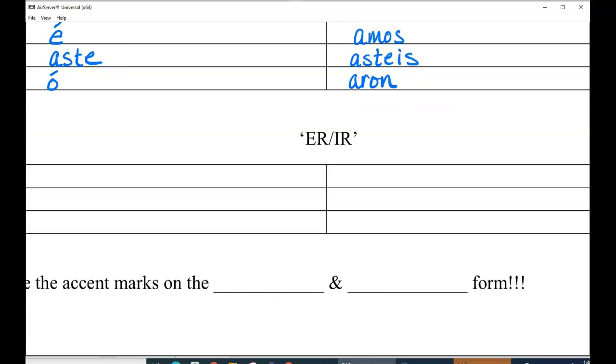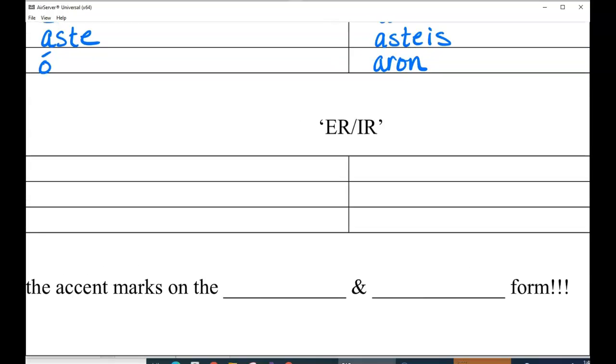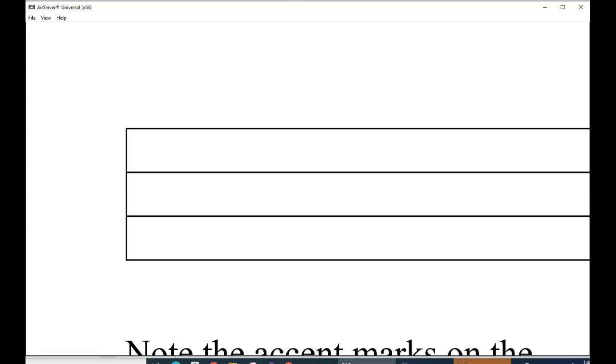When it comes to the ER and IR verbs in the preterite, it's awesome because these verbs are going to have the exact same endings. The ER endings are as follows. The letter I with an accent mark, pronounced E. Then we have iste.